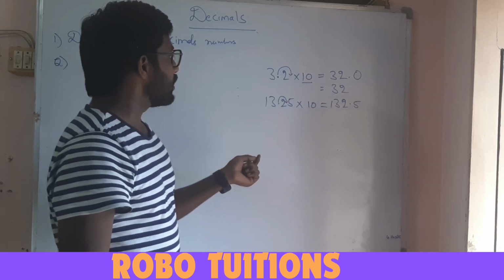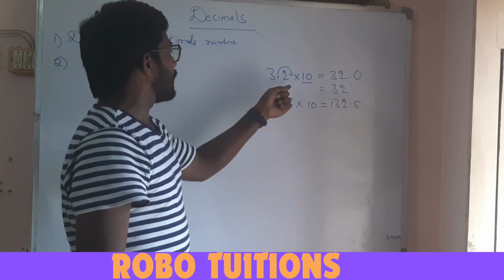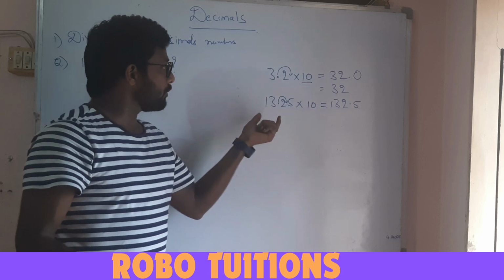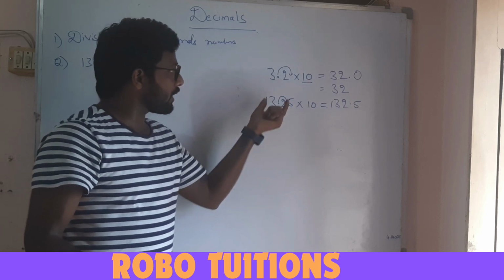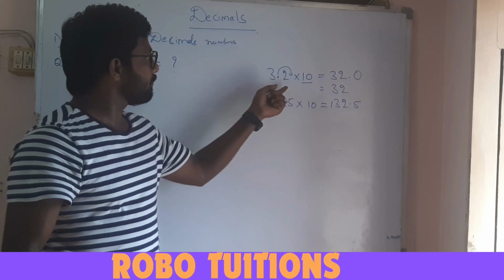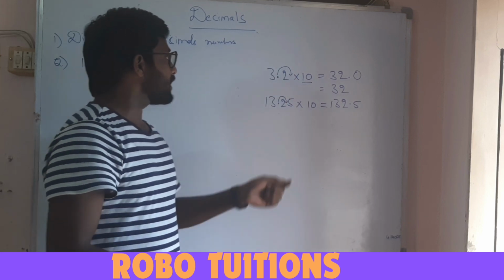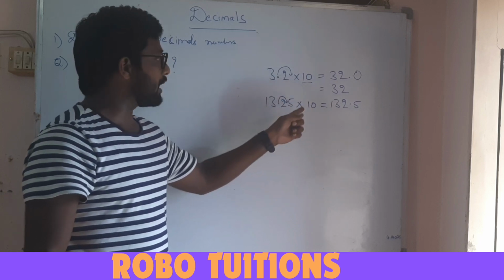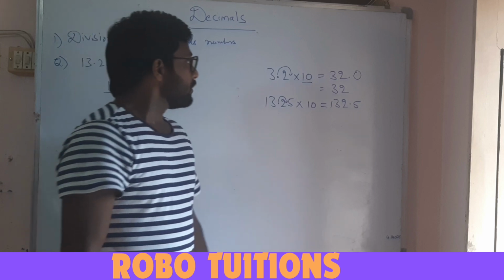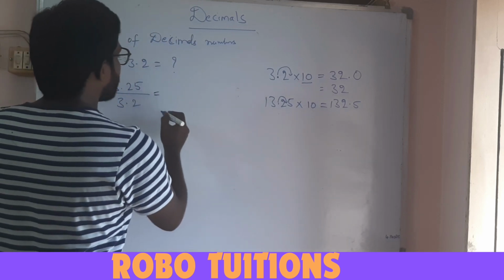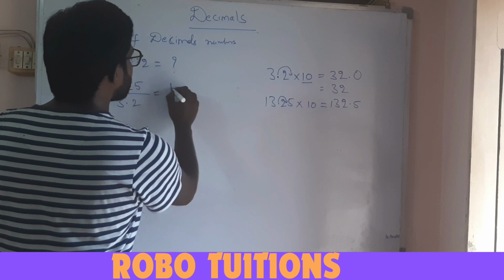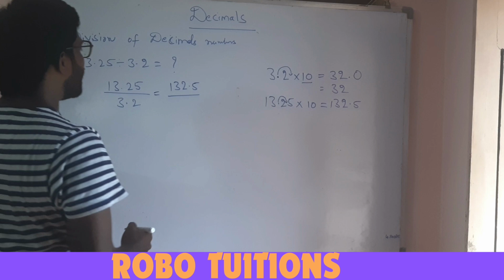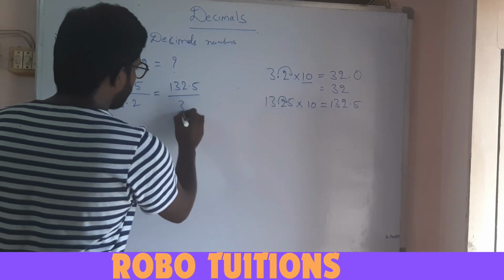So this is the procedure. First you have to remove the decimal point from the denominator. Then whichever number you multiply the decimal denominator with, you take the same number and multiply the numerator also. Then you get the final answer: 13.25 changes to 132.5 and 3.2 changes to 32.